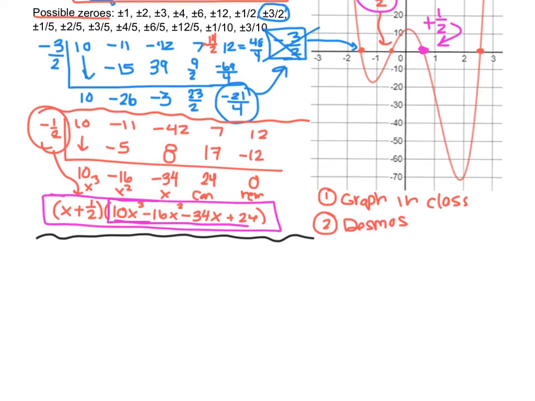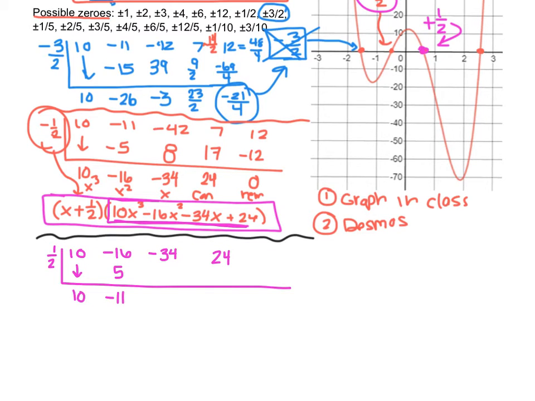Again, I'm going to utilize this polynomial here that is left after my first synthetic division. So I have a positive 1/2 this time, and then I have 10, negative 16, negative 34, and 24. So I drop that down. 10 times 1/2 is 5. Add straight down, that's negative 11.